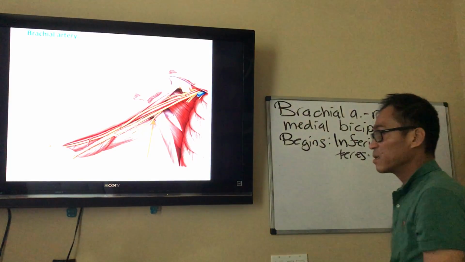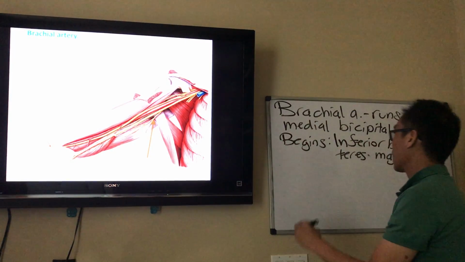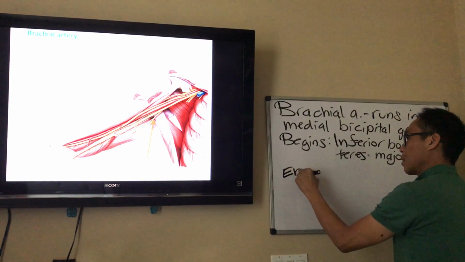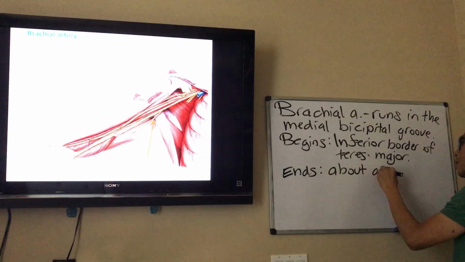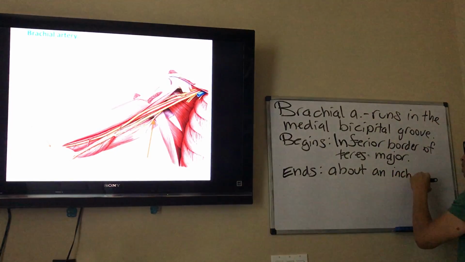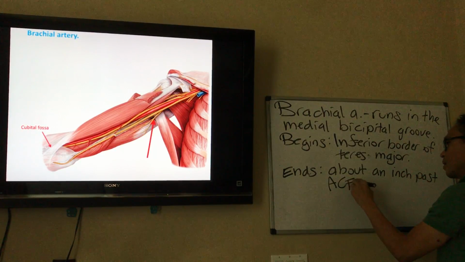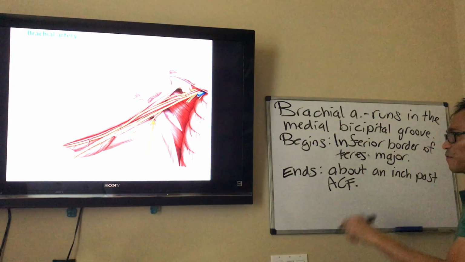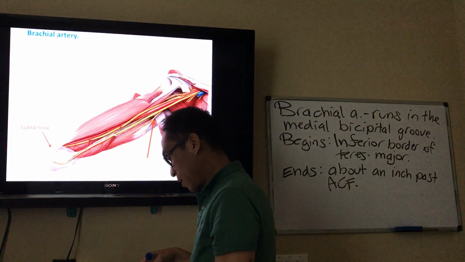It ends about an inch past the ACF. The antecubital fossa, the figure just says cubital fossa, it's an abbreviated name of that, you can call that if you want.